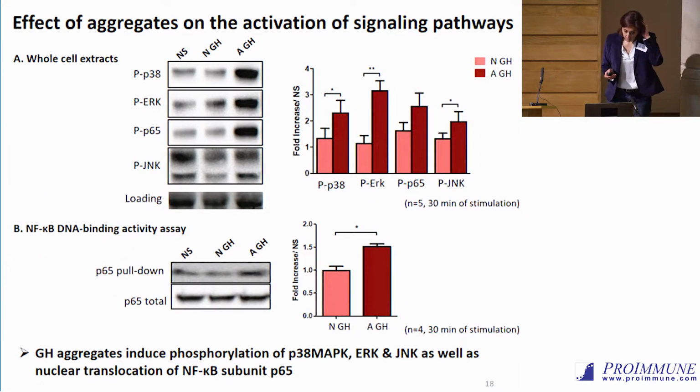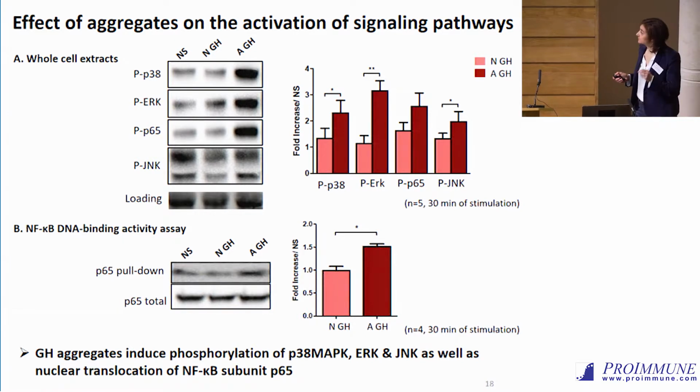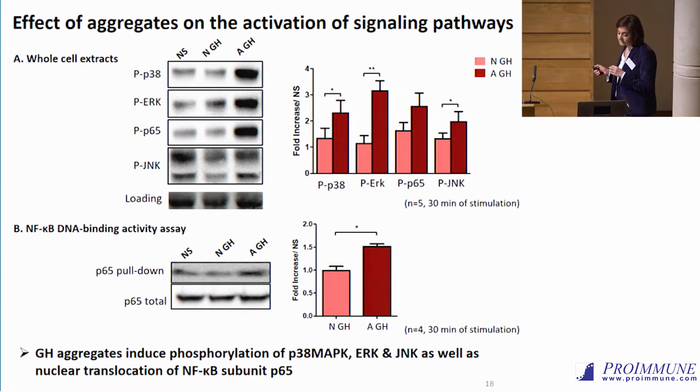Now we've also started to explore the signaling pathways that are involved in the DC activation by these growth hormone aggregates. As you can see in this picture of Western blots, the main MAP kinases can be phosphorylated: here p38, ERK, and JNK, and also the NF-kappa-B p65 subunit is phosphorylated.